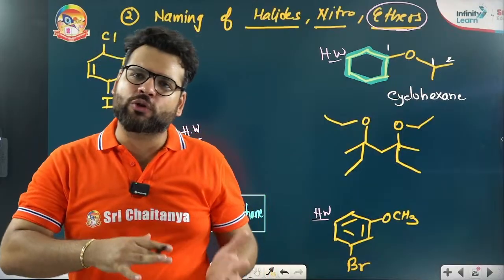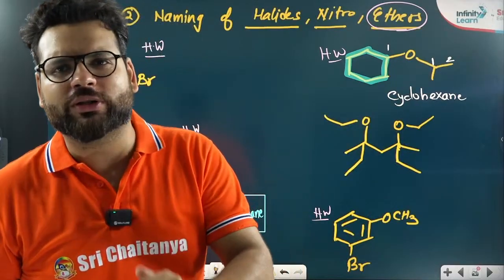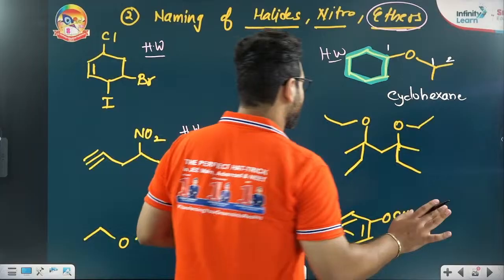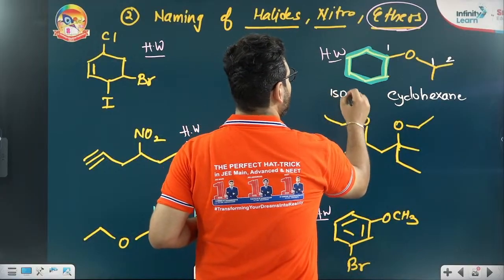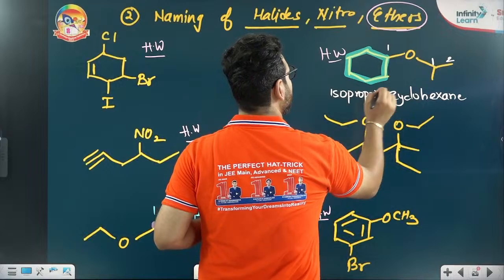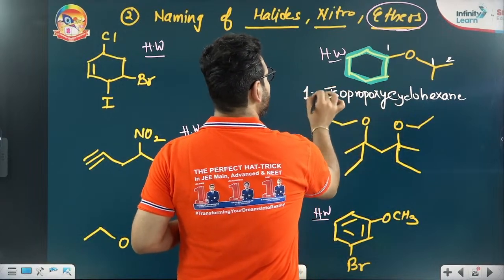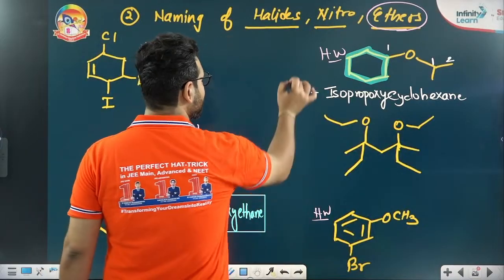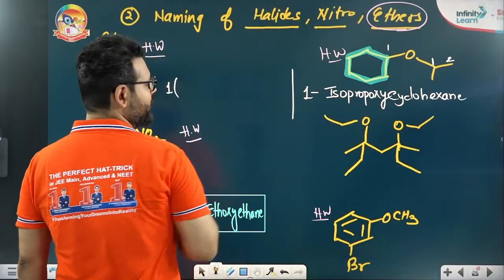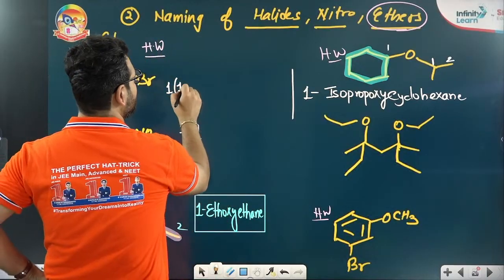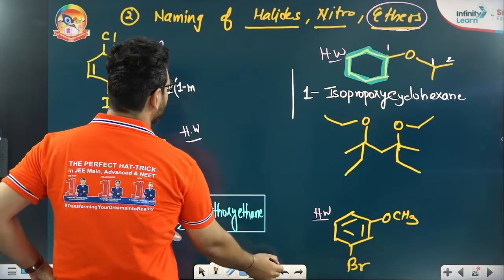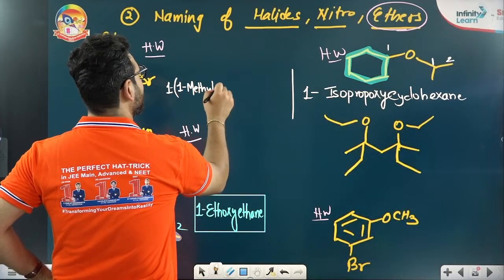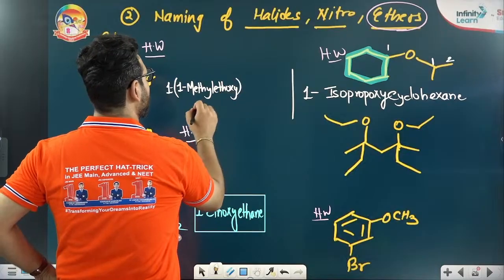Isopropoxy. So it's isopropoxycyclohexane, or 1-methylethoxycyclohexane. Both are fine. Either you can use isopropoxy at number 1, 1-isopropoxycyclohexane, or you can also call it 1-(1-methylethoxy)cyclohexane.